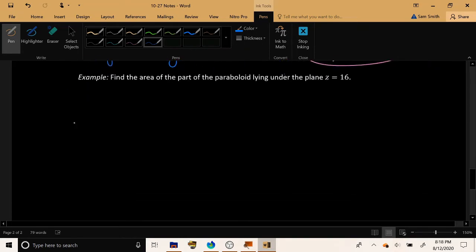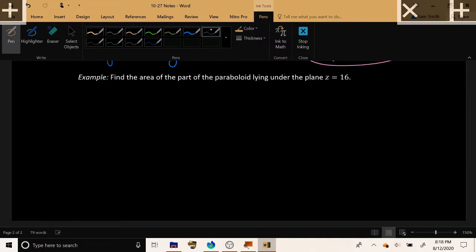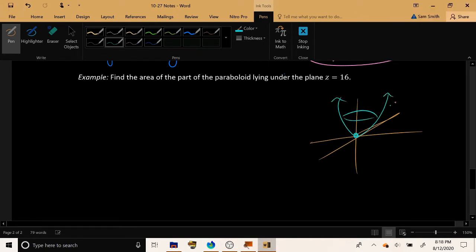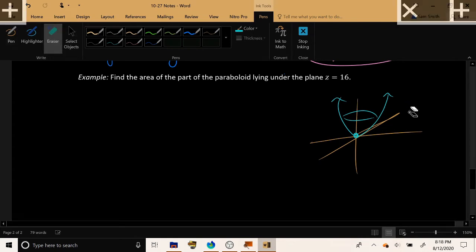Find the area of the part of the paraboloid lying under the plane z equals 16. So we have our quintessential paraboloid here, which is given by the equation f of x, y equals x squared plus y squared.